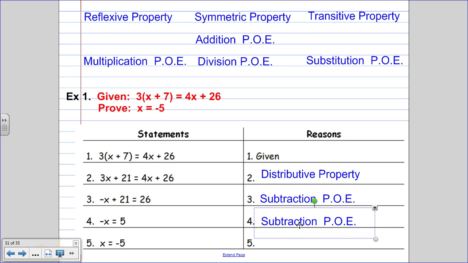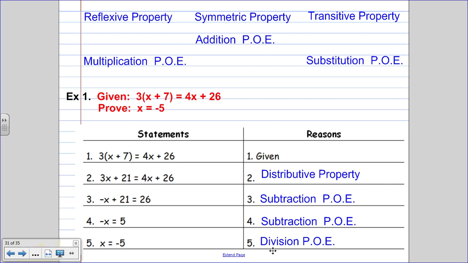But our goal is to prove that x is equal to negative 5, not negative x equals 5. So lurking in front of that x is technically negative 1. So I would have to divide both sides by negative 1 in order to completely isolate x. So that would cause me to use the division property of equality.